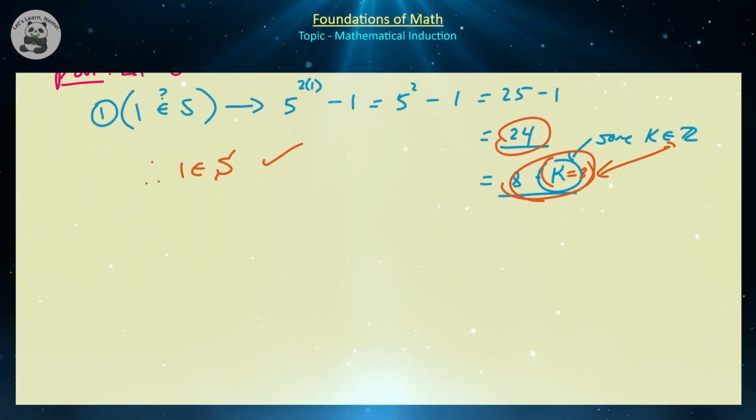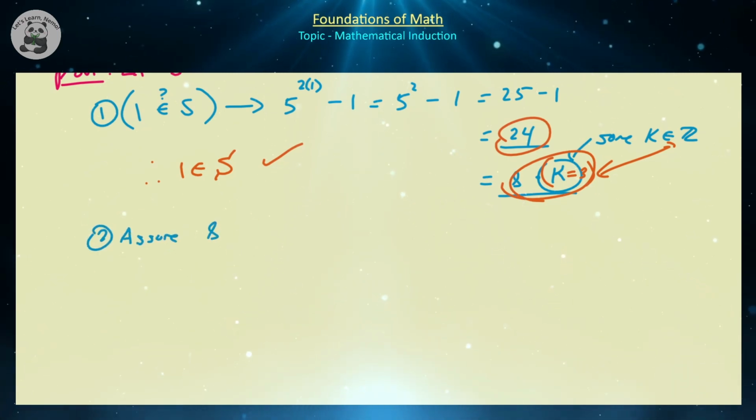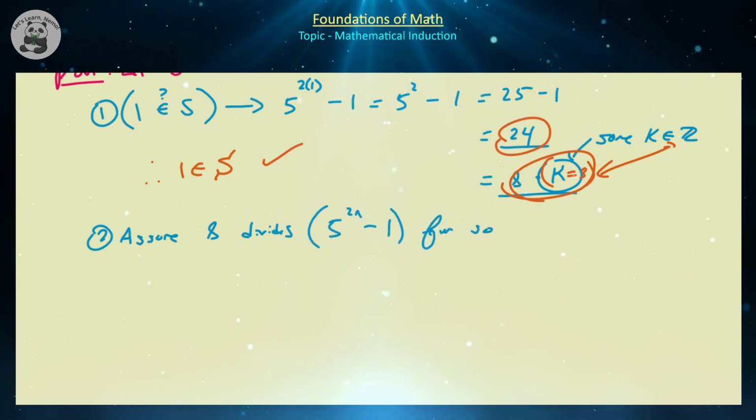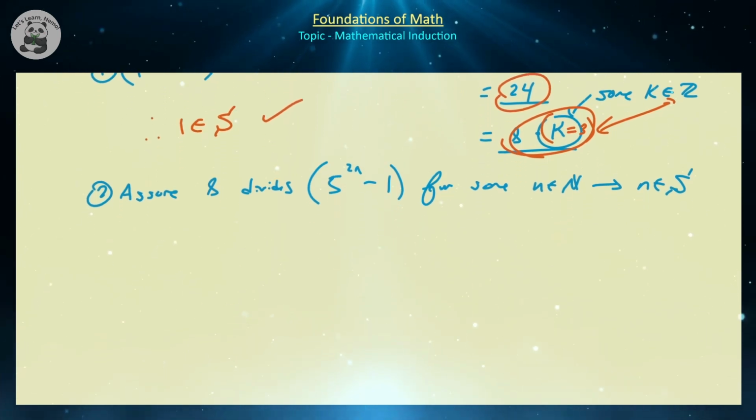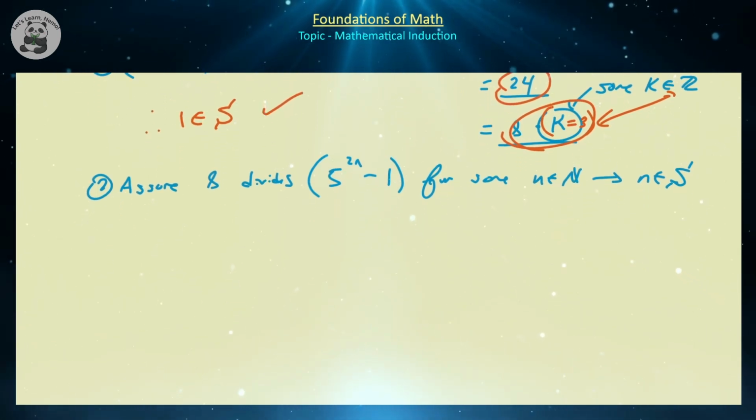So now what we're going to do is assume 8 divides 5 to the 2n minus 1 for some n in the set of natural numbers, i.e. we're assuming that n belongs to our set S, and we're going to see if n plus 1 satisfies that general form as well.